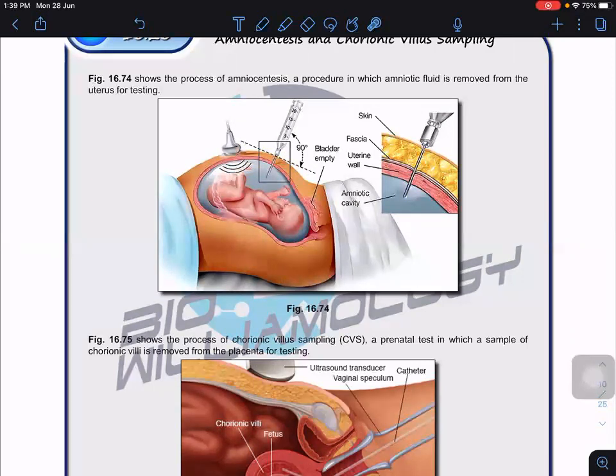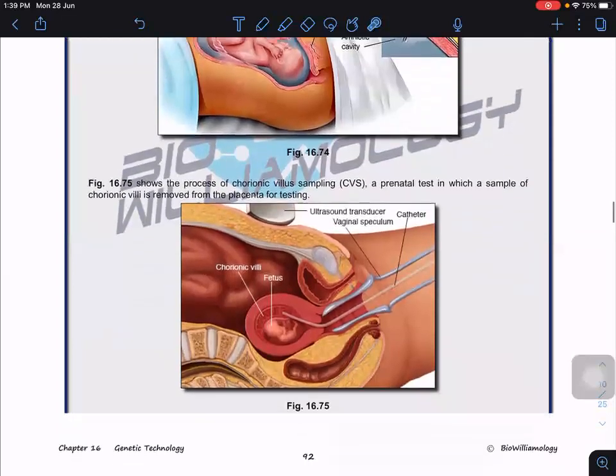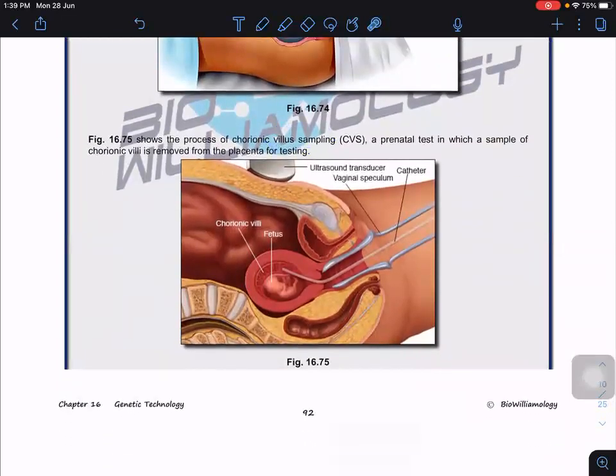Another method is chorionic villus sampling, taken from the placenta. We can use a speculum to widen the vagina and put in a catheter. This catheter goes in and enters the chorionic villi. Understand the concept here: this part is the placenta, and always remember placenta cells belong to the fetus.